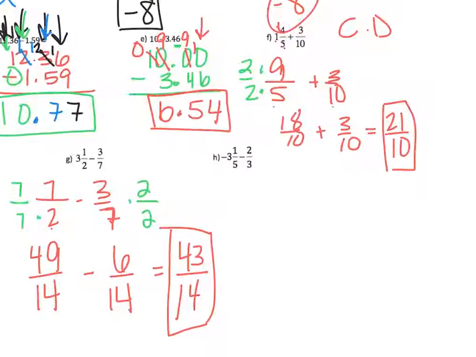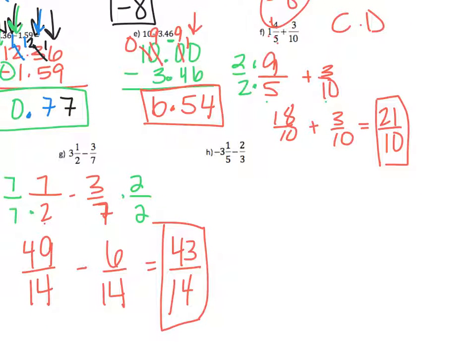Okay, and last but not least, when you're turning a mixed number that happens to be negative into an improper fraction, like in H, where you've got negative 3 and 1/5, ignore the negative. So I'm going to say 5 times 3, which is 15. I'm still going to add the 1, so that makes 16. And now I'm going to put the negative back in.